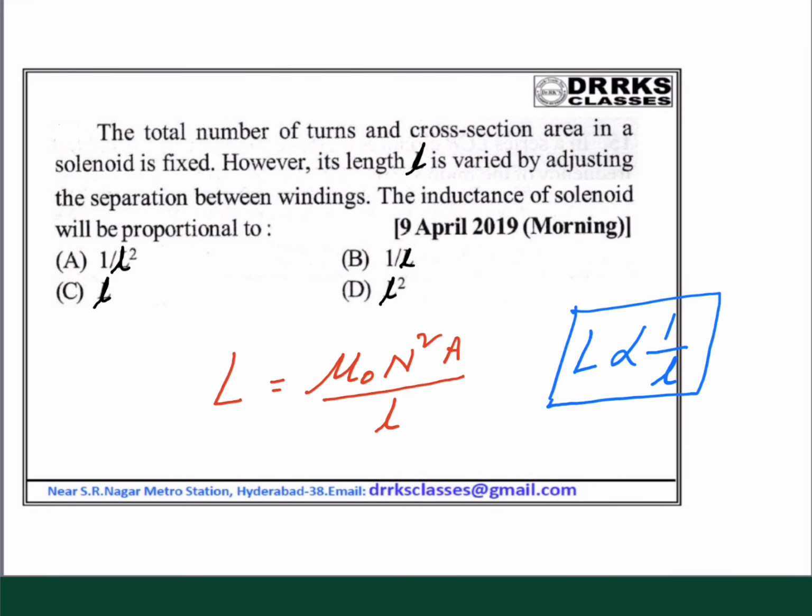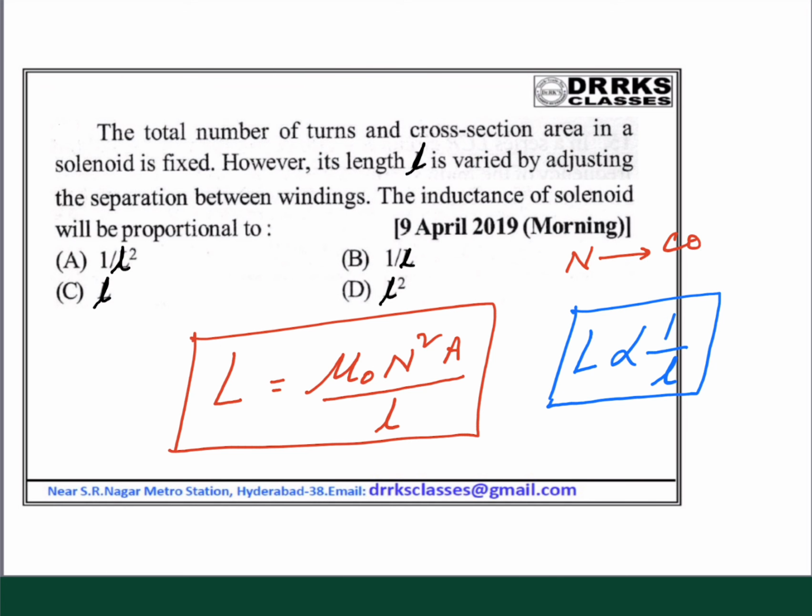Just look. We know that the self-inductance capital L is equal to mu naught n square A by L. Here, if the number of turns is constant, the self-inductance L is proportional to 1 by L, that is, inversely proportional to length.